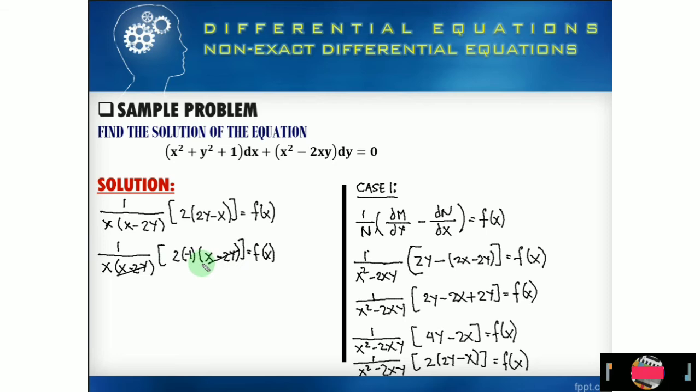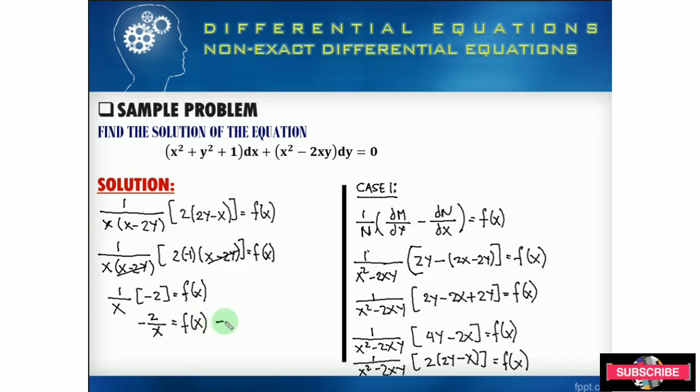So we have here 1 over x times negative 2, equal now to f as a function of x. So this will then be negative 2 over x is equal now to f as a function of x.